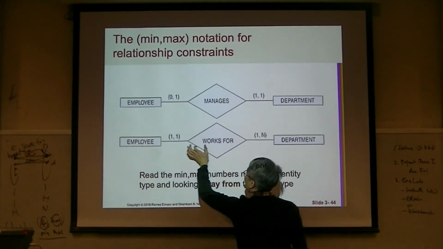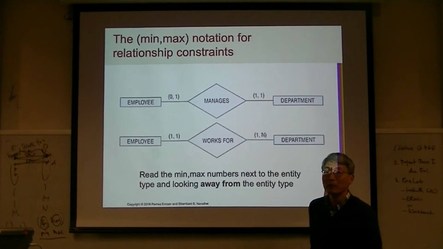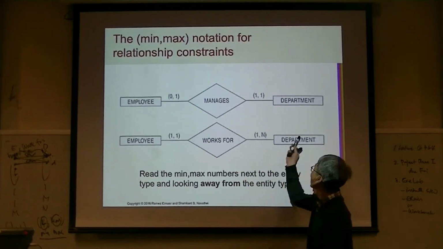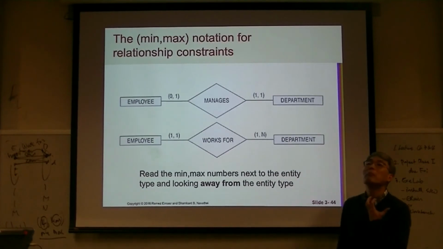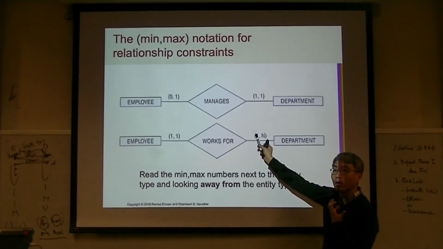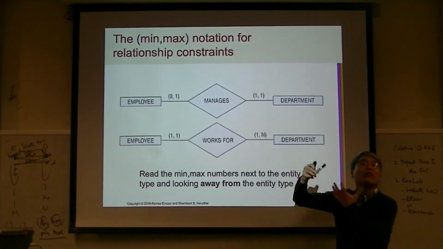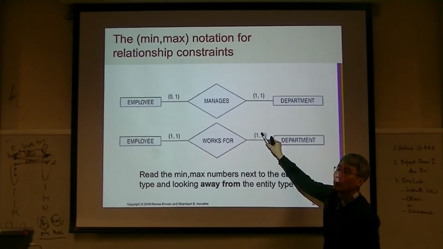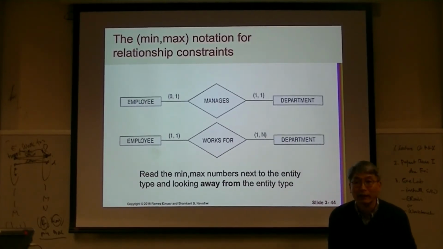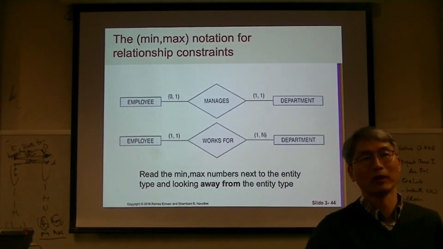So an employee works for minimum how many departments? One department, maximum one department. From the department side, a department should have minimum 1 employee, and maximum unlimited. If you have a limitation, you can specify a maximum of 100, like that. So min-max notation gives more detailed information when you need it.